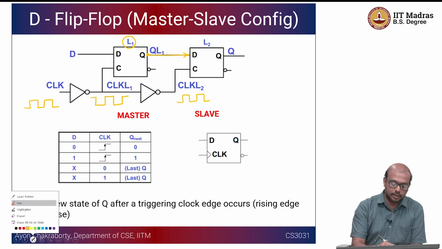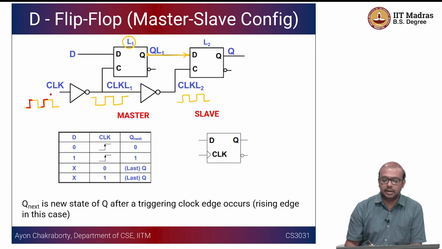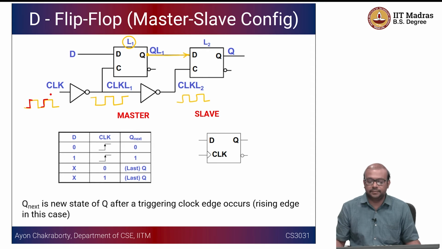So this is kind of important, that once this occurs, at that time only D is going to be copied to Q, otherwise not. And this configuration is typically called a master slave configuration, and here we are using D latches to create a flip flop, so it is called a D-Flipflop.